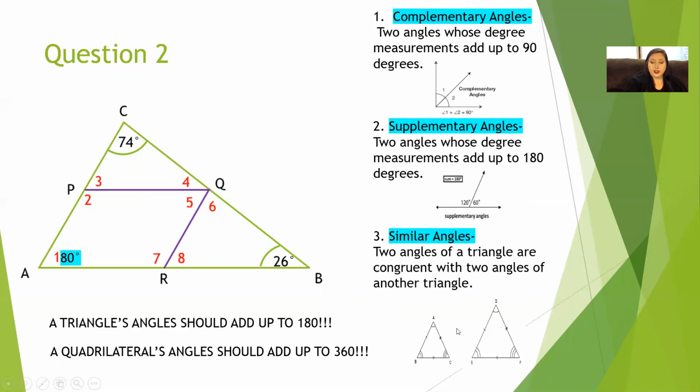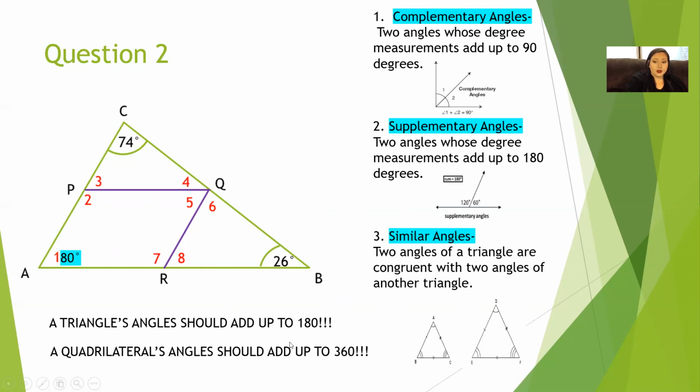So the triangle has the same measurements, just maybe smaller or larger. As long as it's the same measurements, just bigger or smaller, they are similar. We also know that a triangle's angles add up to 180 degrees, and a quadrilateral's angles add up to 360 degrees.